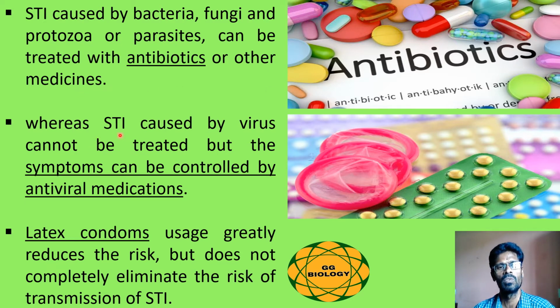Whereas sexually transmitted infections caused by viruses cannot be cured, but the symptoms can be controlled by antiviral medications. Using condoms can greatly reduce the risk but does not completely eliminate the risk of transmission of STI.